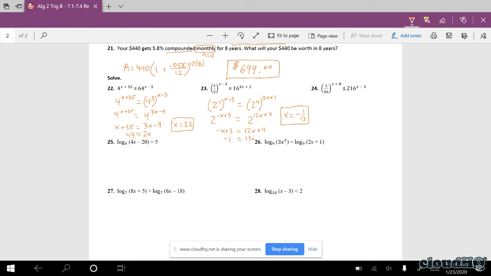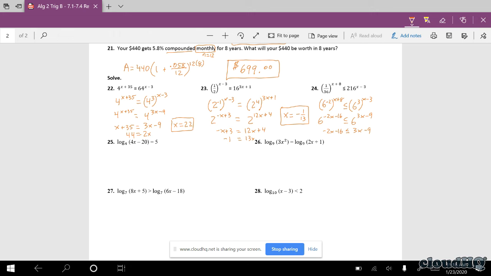Number 24, we get an inequality. They're both powers of 6. 1/36 is 6 to the negative 2. 216 is 6 to the 3rd. So 6 to the negative 2x minus 16 is less than or equal to 6 to the 3x minus 9. That means negative 2x minus 16 must be less than or equal to 3x minus 9.